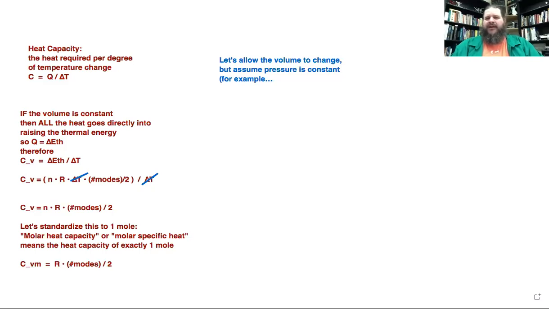But if we take a look at how pressure is defined, what does pressure actually mean? When we say that a gas is under a certain amount of pressure, what is pressure? Or if you're applying a certain amount of pressure to something, what does that mean?